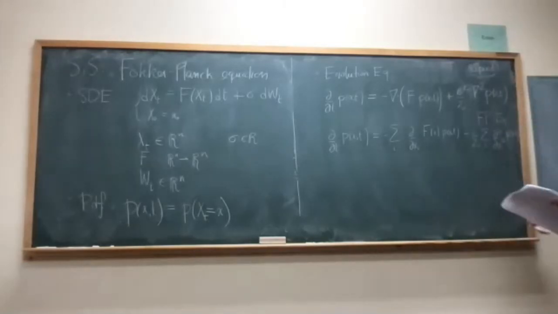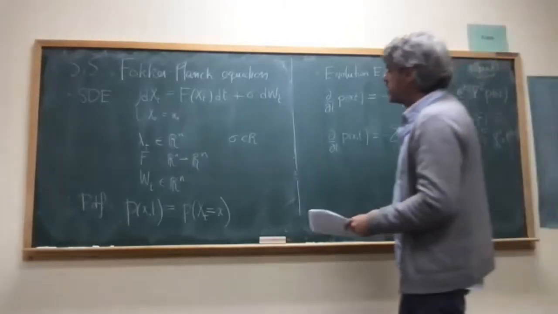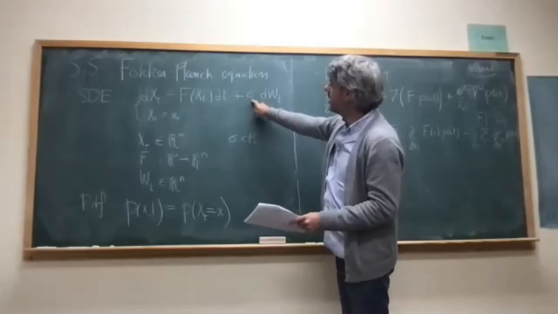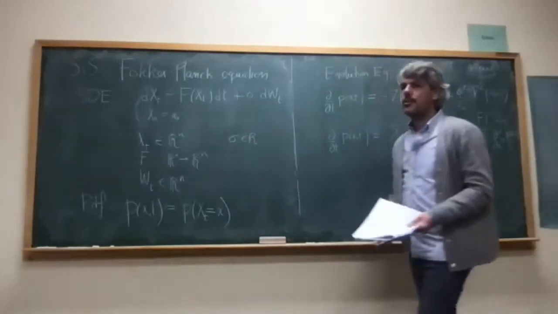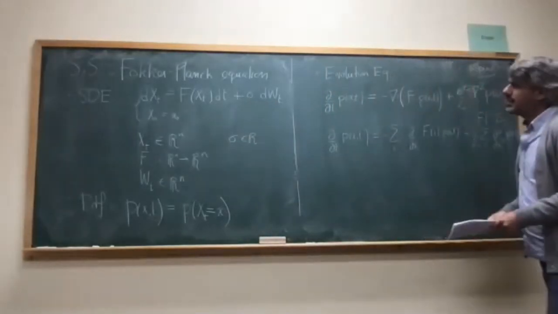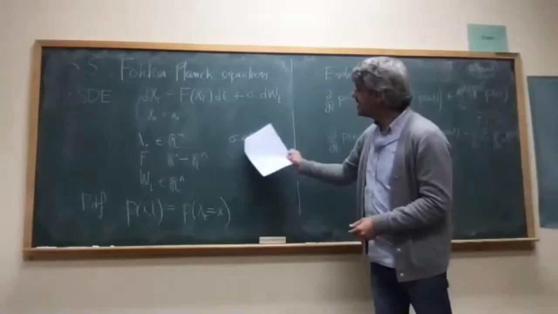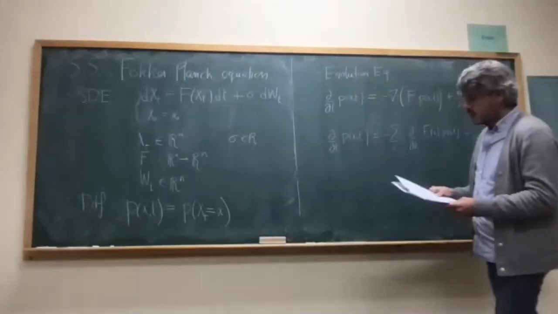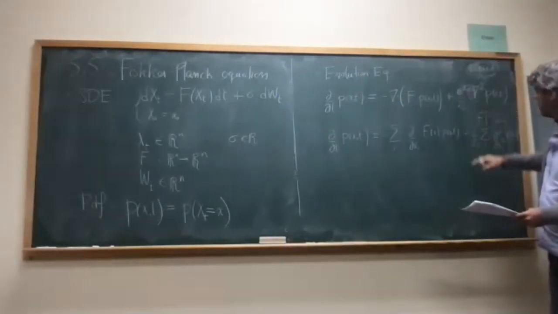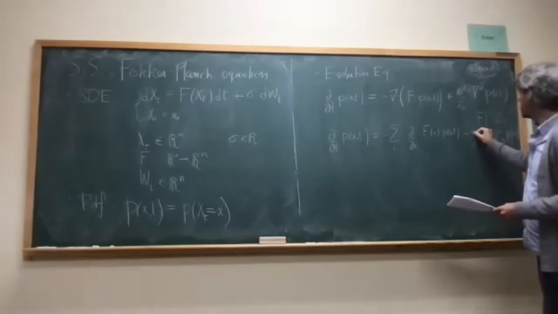I'm simplifying. This is not the most general Fokker-Planck equation that you can imagine. Sigma can be a matrix in general, and then you have a more general Fokker-Planck equation. Here I'm just simplifying to the case where sigma is a real parameter, so we have to put it here. So you have the sigma.